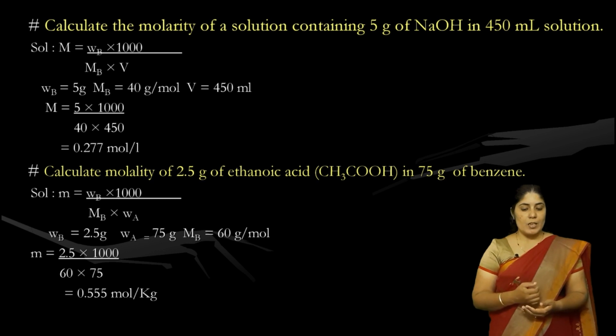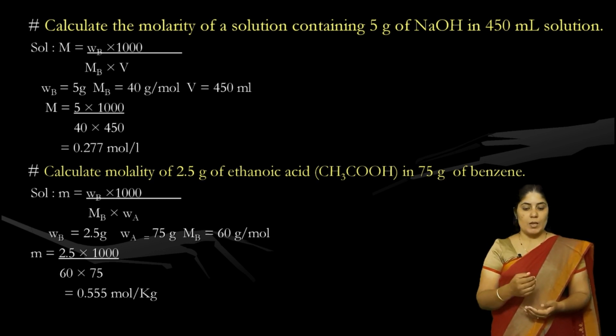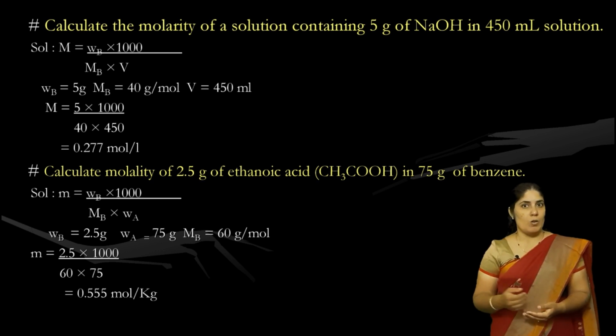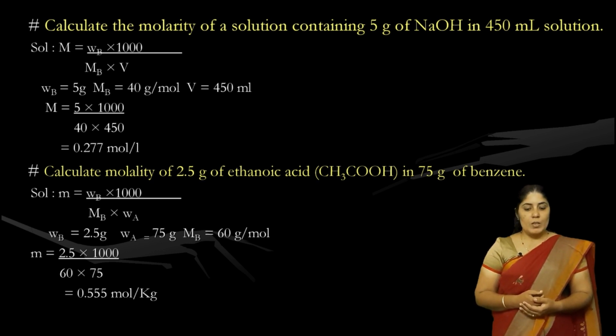So, getting the data from the question, Wb is equal to 2.5 grams, Wa is equal to 75 gram, that is the mass of the solvent, and Mb is equal to 60 gram per mole, that is the molar mass of the solute. By substitution, we get the value as M is equal to 0.55 mole per kilogram.